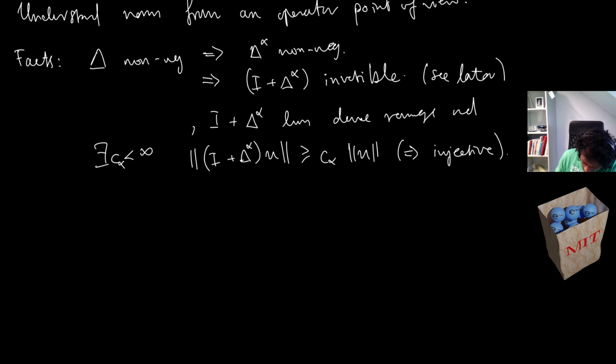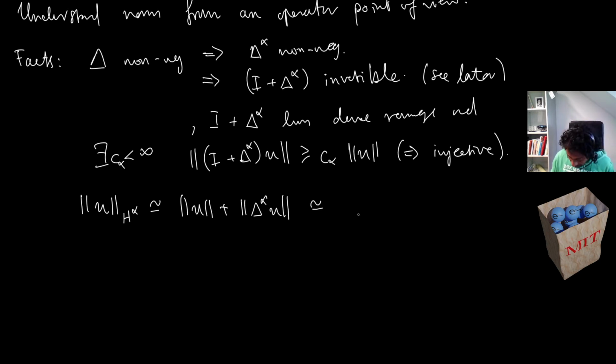But what's really important is not that fact, but the following fact, that in this case, the H alpha norm, and remember the H alpha norm is comparable to u plus Laplace alpha of u. So we've already written this before. So this norm is actually now comparable to 1 plus alpha of u.